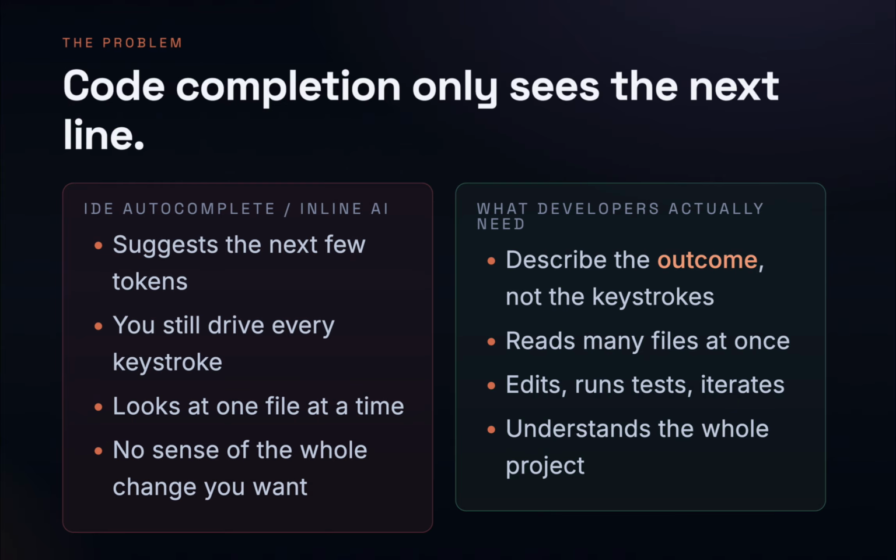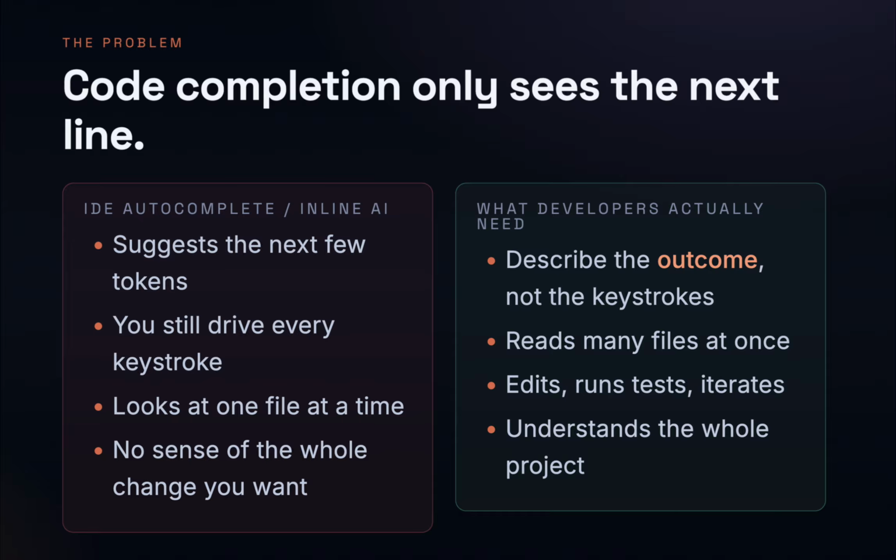Here is the problem with the AI coding tools most of us already use. Tools like IDE autocomplete, Copilot, Cursor Tab, they are brilliant at suggesting the next few tokens, but you are still the one driving every keystroke. The AI looks at one file at a time, and it has no sense of the whole change you actually want to make.